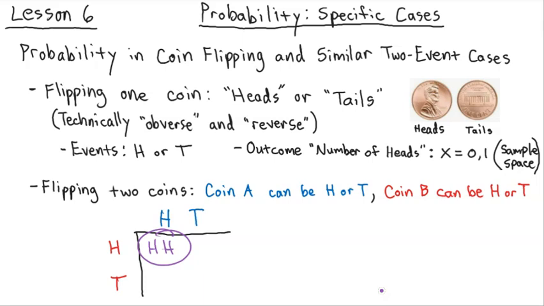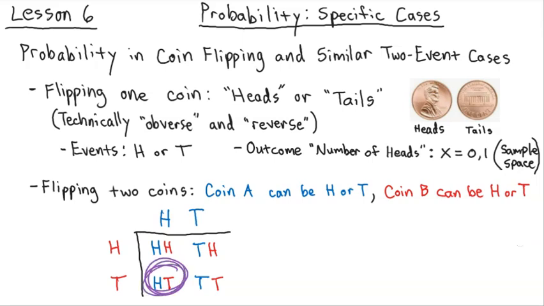That means we flipped 2 heads with the 2 coins. Let's see what the rest of them would be. So you can see we have heads here, and then look at this one right here. This is tails heads. That means that the first coin is tails, but the second coin is heads. And then this one right here looks very similar, only the heads is first. That's because on this one, we got a tails on the first coin and a heads on the second coin.